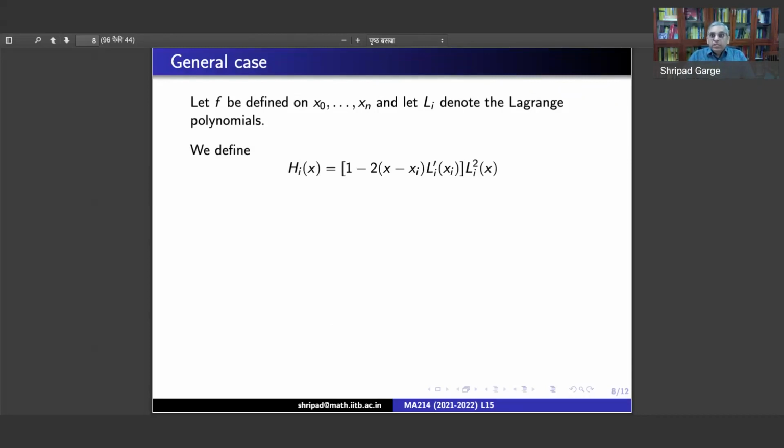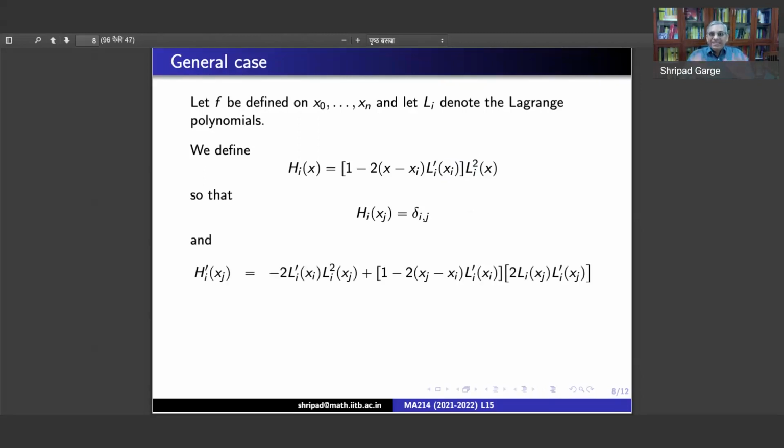Again, note that the degrees are less than or equal to the corresponding values, because L_i squared will have degree 2n, and here you have a linear factor, so h_i has degree depending on what your L prime is. So this h_i will have degree less than or equal to 2n plus 1.